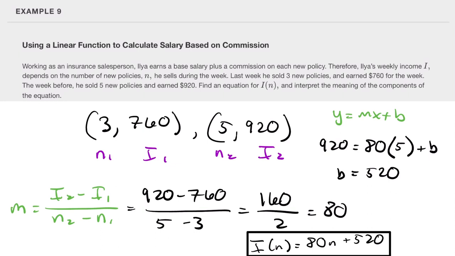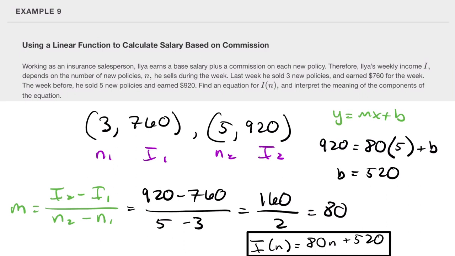But anywho, let's see if this makes sense. If we let n be 3, that's 240 plus 520, 760, which is correct. If we let n be 5, it's 400 plus 520, 920. Okay, so we have a linear function that passes through these 2 points. This should be his income based on the number of policies sold in a week.